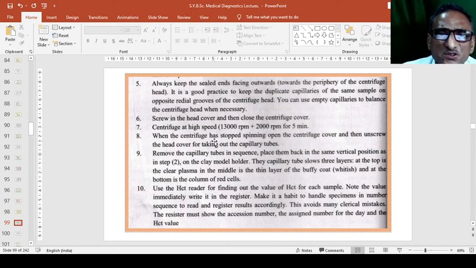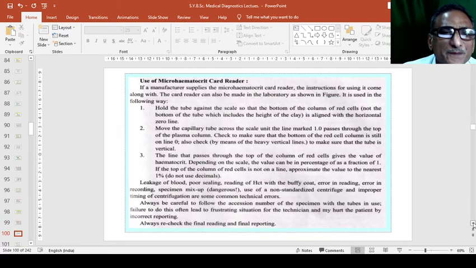The centrifuge should run at 12,000 rpm to 13,000 rpm for 5 minutes. Then you can remove the capillary tubes and observe the HCT sample for the determination of any abnormality.